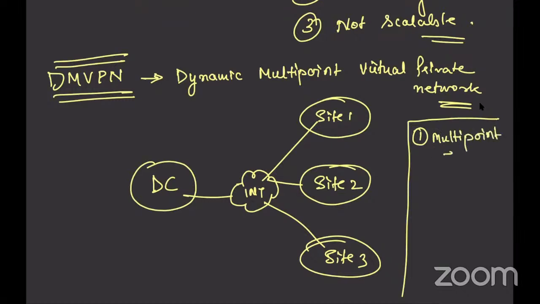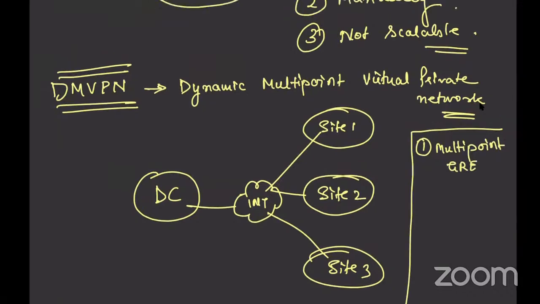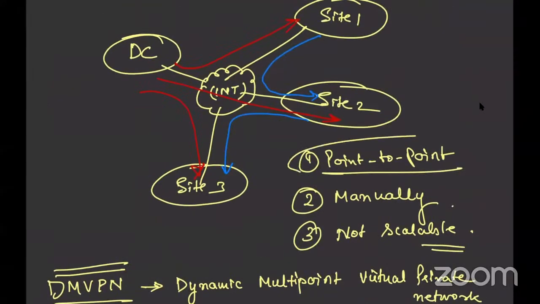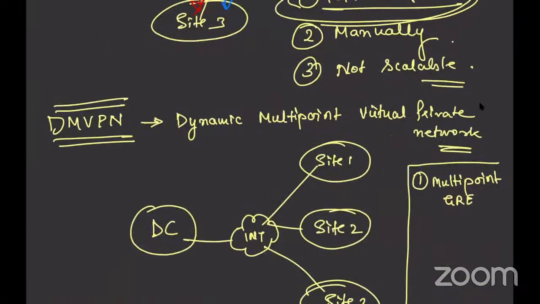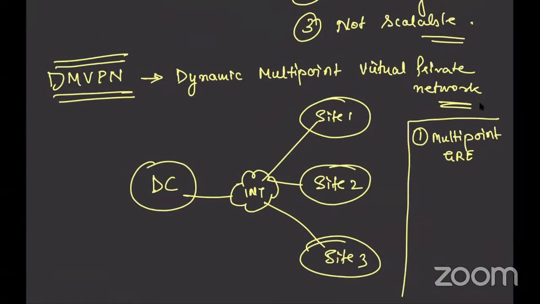Previously we had normal GRE, which is between two devices only. But now your tunnel is going to be multi-point GRE. What does multi-point mean? From one interface, you create a tunnel which goes to all the sites. So this is a multi-point GRE tunnel.